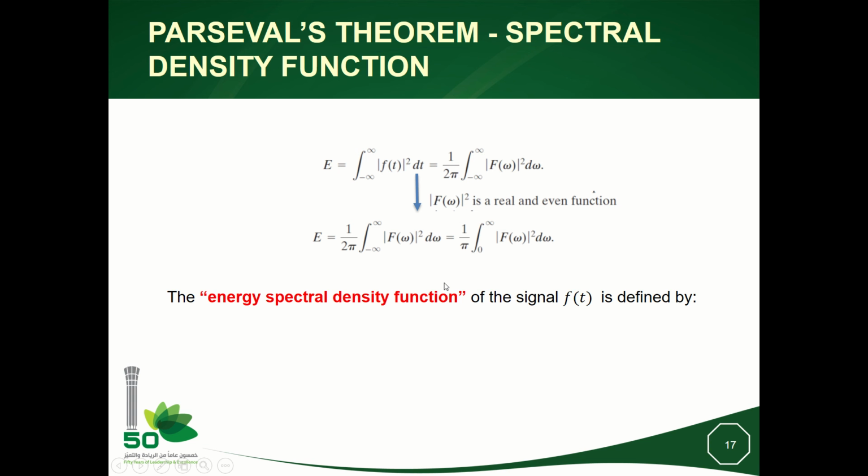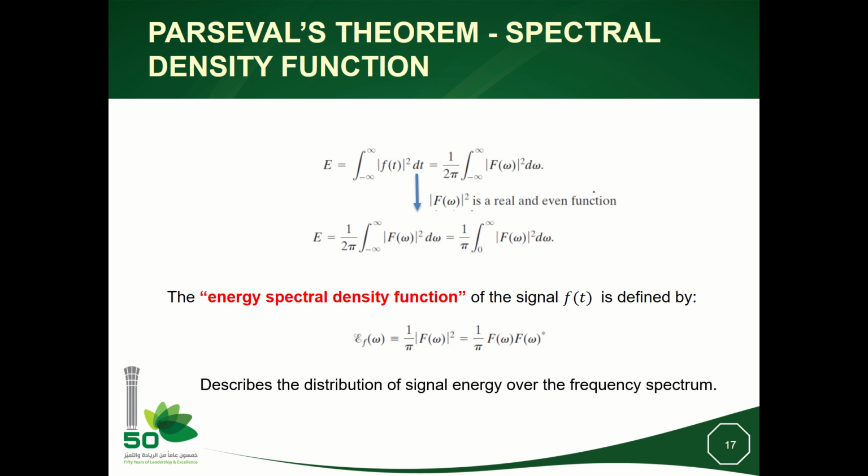Okay, so we will define the energy spectral density function of the signal f(t) as this function only. It means the amplitude of F of omega squared over pi, or 1 over pi F star F.